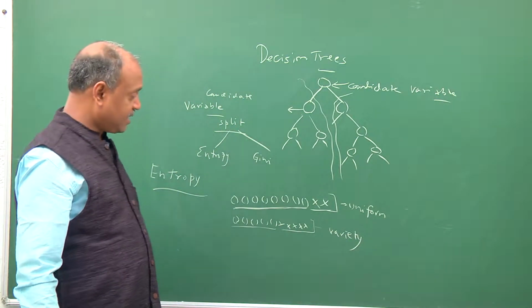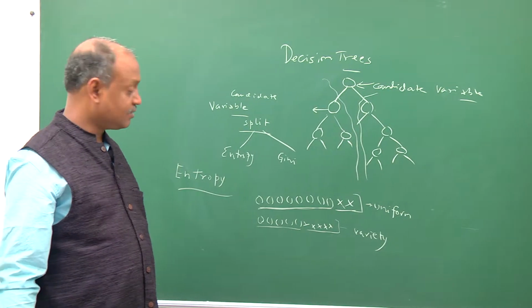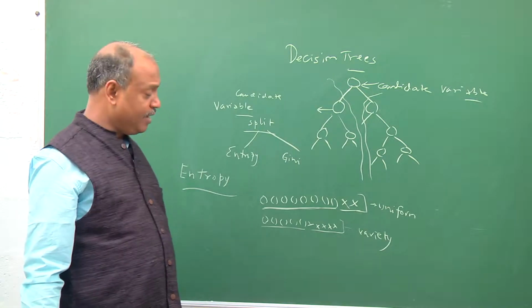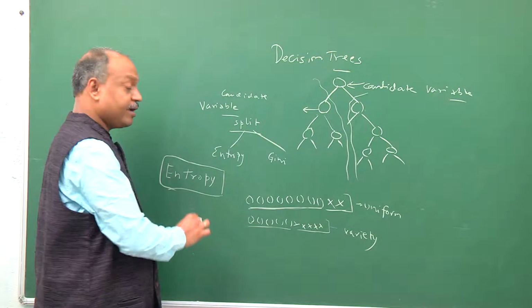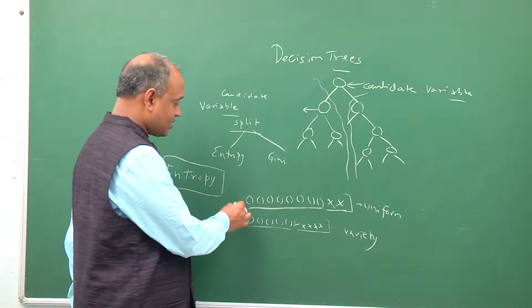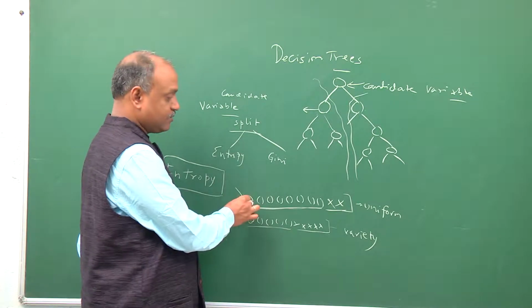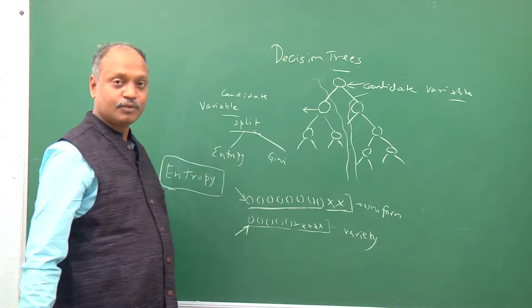That is inherently what the notion of entropy measures. So entropy is a measure of how non-uniform a particular sample is. In this context, the entropy of the more uniform sample is lower than the entropy of the other.